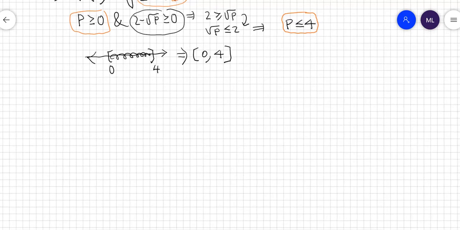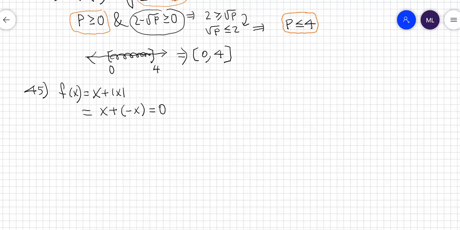Let's go to 45. Now sketch the graph. So f of x is x plus absolute value x. Now this is x plus negative x, which is 0 if x is negative.